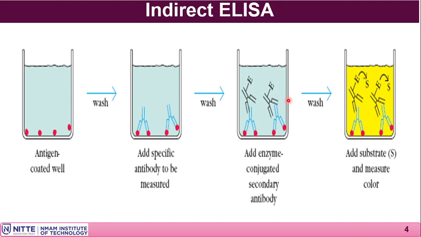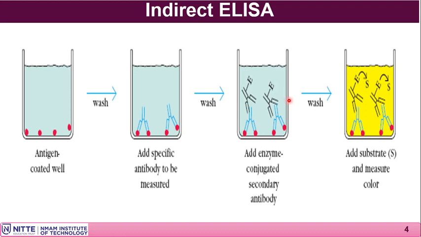So when you add the anti-antibody, if the corresponding antibody is present attached to the antigen, this anti-antibody will bind to that antibody and form a stable complex. The enzyme labeled antibody will form a stable complex with the antibody of the patient's serum, which is already bound to the antigen.